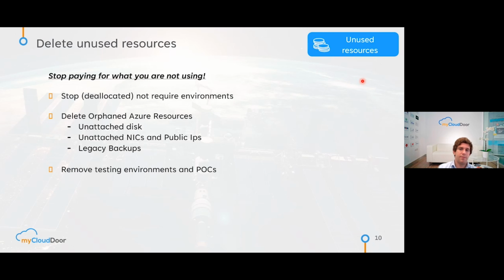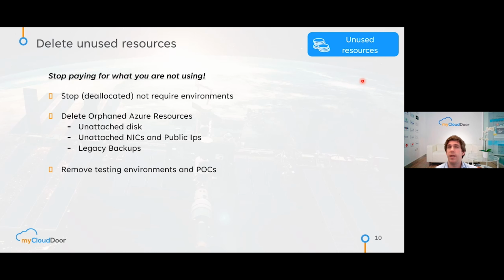So the first one, extremely simple, is unused resources. The most expensive thing is the one that you are not using. So you need to stop paying for what you are not using. First of all, you should stop or deallocate any not required environment, remove any kind of testing environment or POCs.